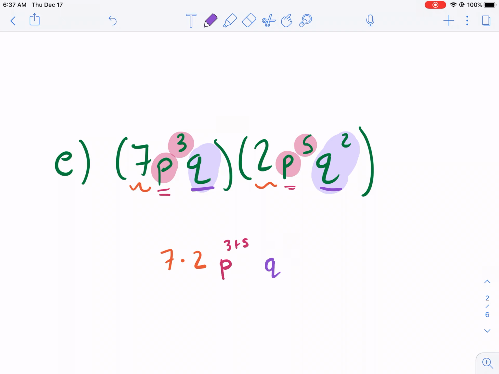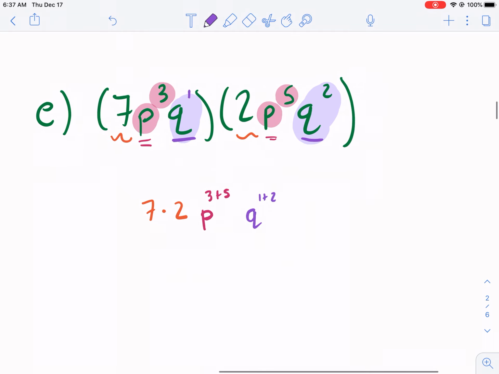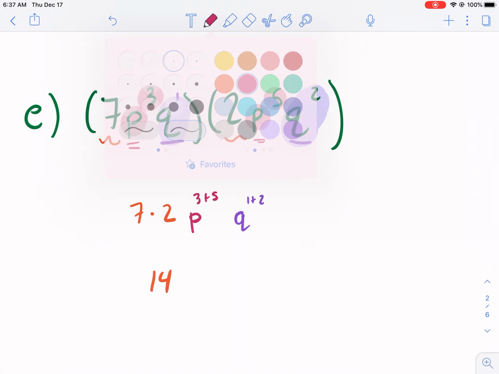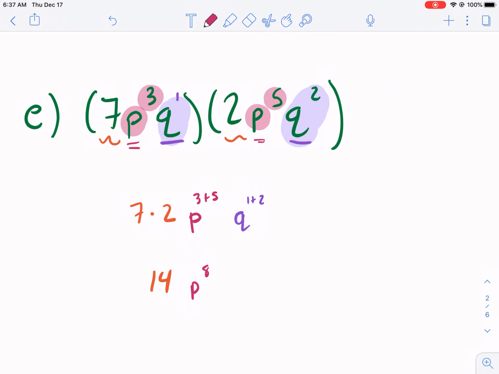Anytime you just see a variable by itself, there's an implied 1 there. So really this should be 1 plus 2. When we simplify this further, we get 14, P to the 8th power, and then Q to the 3rd power. And that is going to be our final answer.